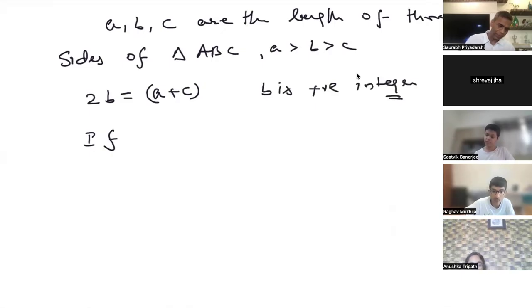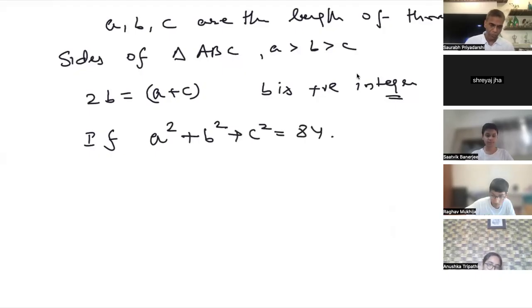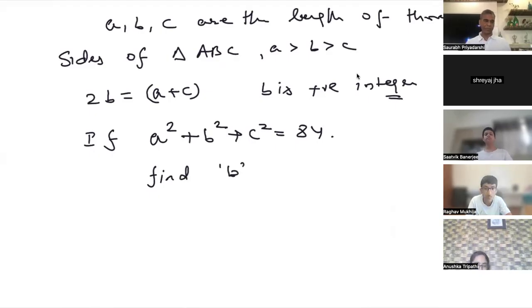If a square plus b square plus c square is equal to 84, find b. Obviously this b you have to find. The rest are integers. b is an integer.